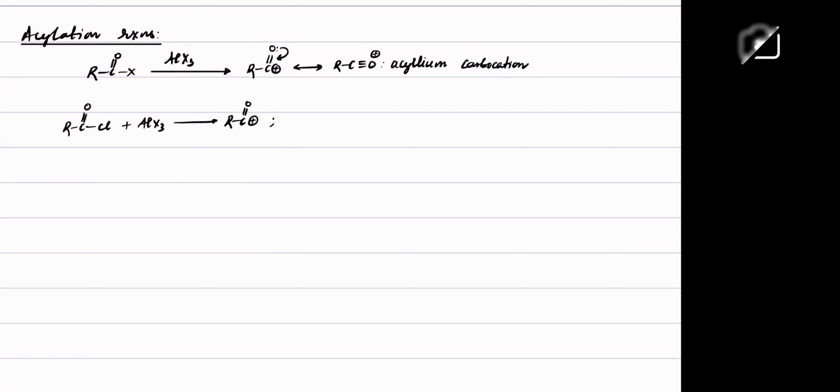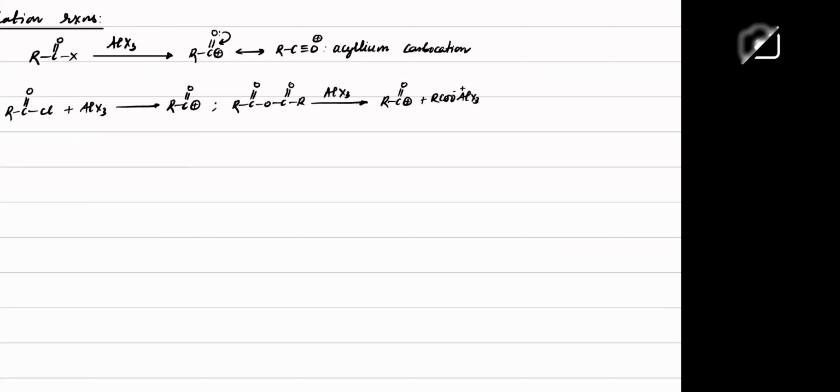Second case, you can have RC=O, C=O, OR, which means it is an anhydride. In the case of an anhydride also, you will see this as C=O plus and RCO minus AlX3. I mean minus and plus here, okay? This is the one which you will get.